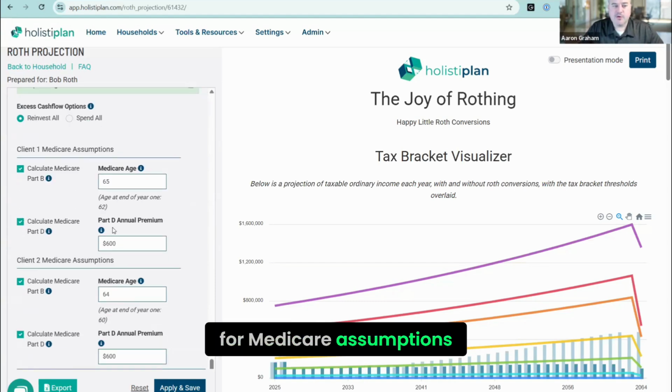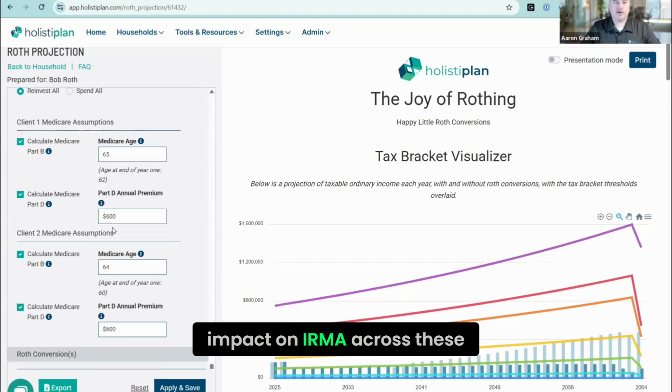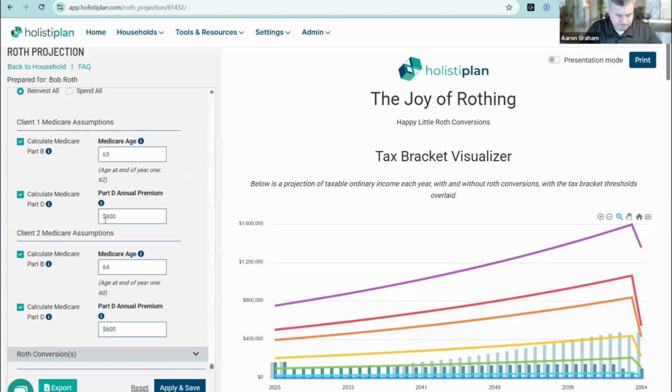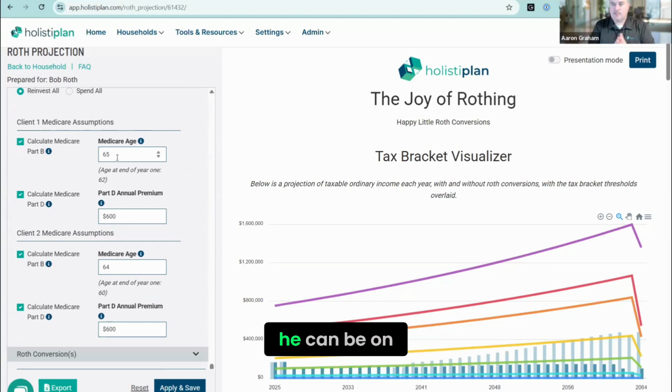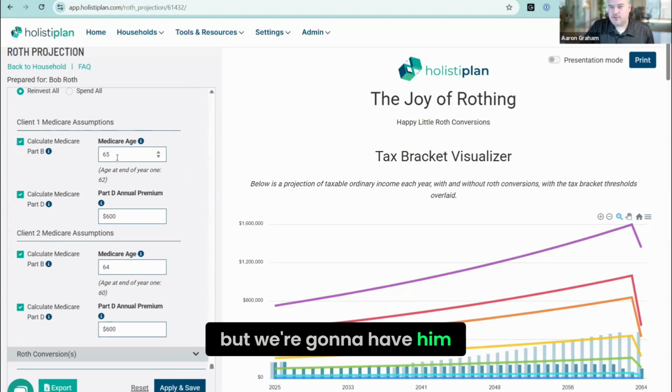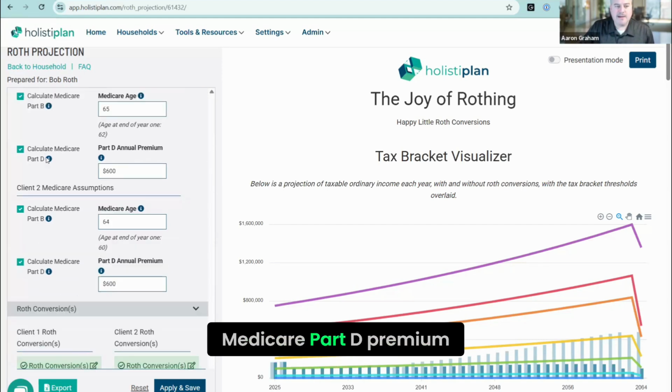For Medicare assumptions, we will show the impact on IRMAA across the scenarios. In this case, we're going to have them beginning Medicare Part B at age 65. If he's employed and is still working, he can be on the employer plan, but we're going to have him receiving those benefits at the customary age of 65. For Medicare Part D, we're going to have a $600 annual premium.